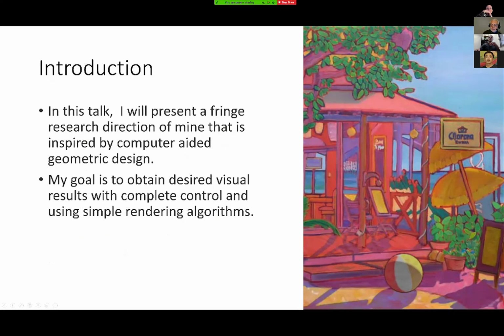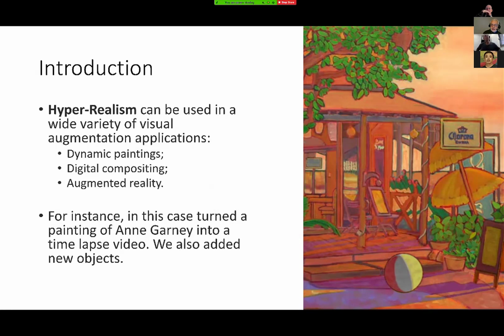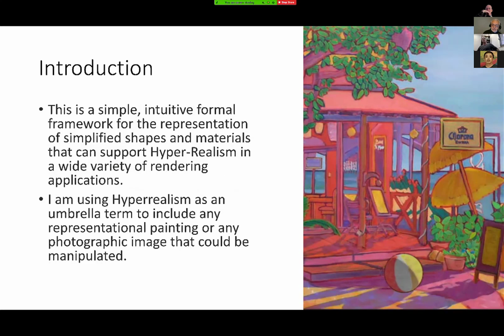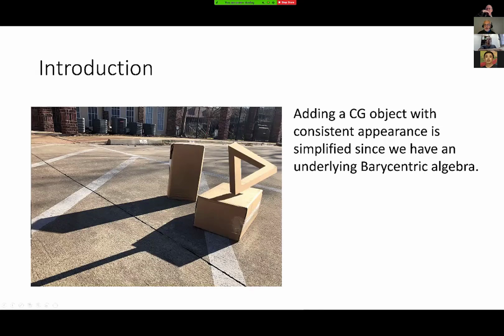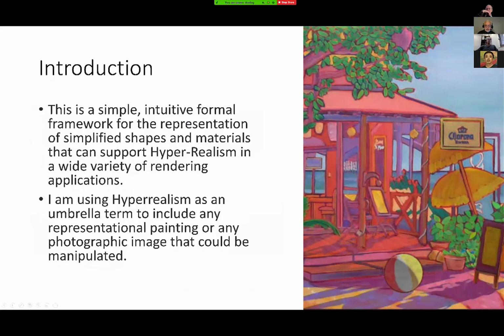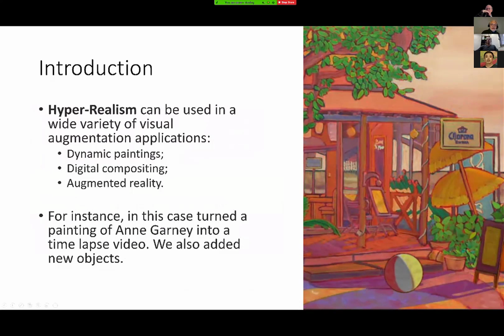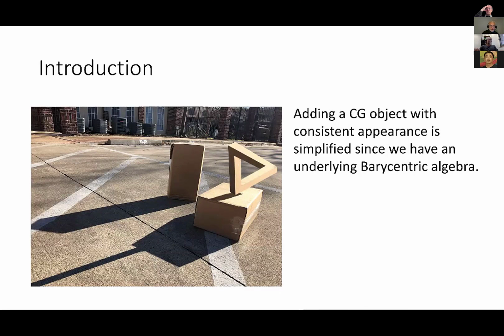As you see, we took the painting, and we not only added the one ball into that, there is also a sailboat. Actually, you don't see the sailboat here. I will show you, and you see that this becomes, in some sense, an enhanced painting. It's not the original painting anymore, but it looks like a painting. We not only add things, we also change the time of the day, etc. How can we do it?